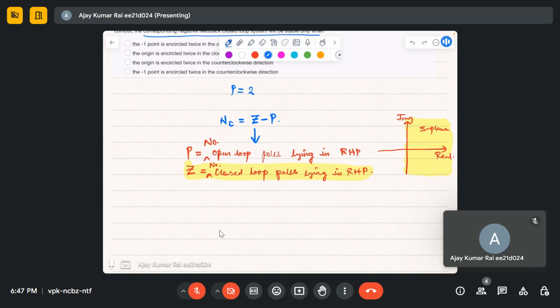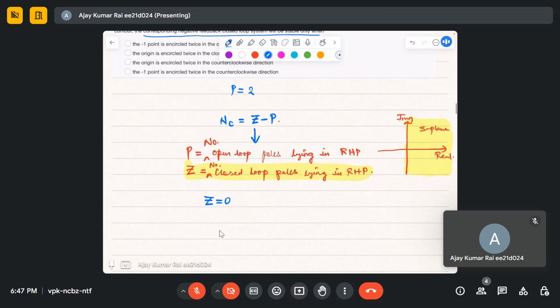So what we want is Z to be equal to 0. If Z is equal to 0, that means the closed loop system is stable, because there are no closed loop poles lying in RHP.